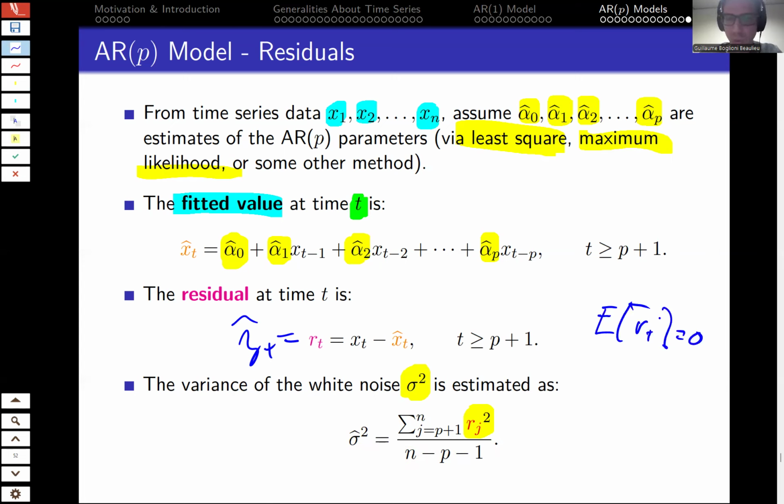If your parameter estimates are unbiased, then the expected value of xt hat would be xt, and so the expected value of the residual would be 0, and therefore the expected value of rt squared is the same thing as the variance of rt.